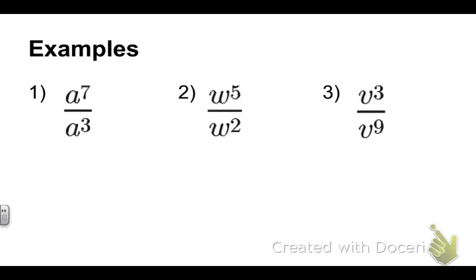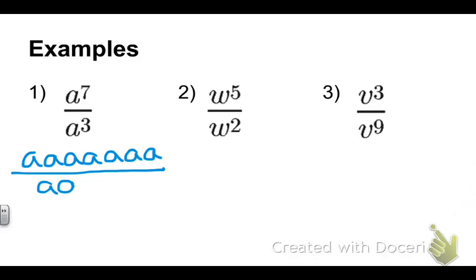So examples here. If I've got a to the 7th power divided by a to the 3rd power, I want to write it out. I want to show you what it means. It means I have 1, 2, 3, 4, 5, 6, 7 a's being multiplied all over 1, 2, 3 a's. Well, a divided by a is 1.